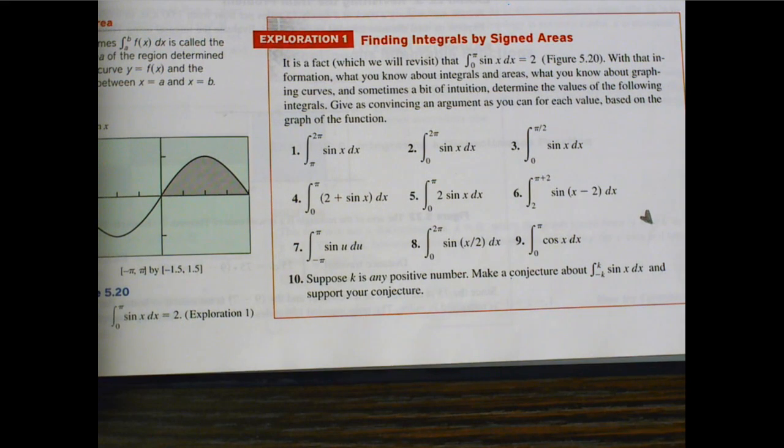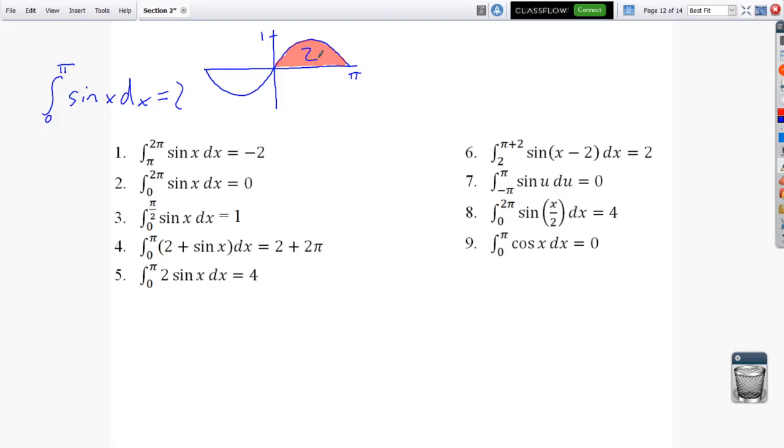So I'm going to switch back to my smartboard here to show you some of that stuff. So you can see some things that I've drawn on my flip chart over here. I've actually put the given information that, again, I only know this because the book told me it. I actually drew the picture that the book gave me, and I put the 2 in that half football shape just to remind me that red area is 2.